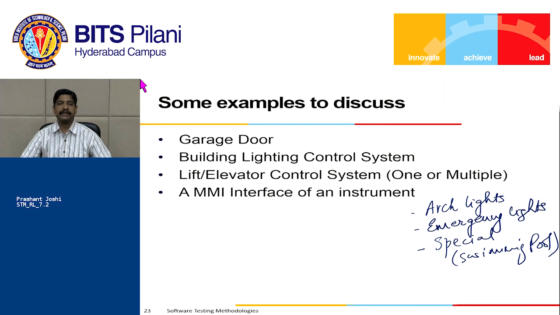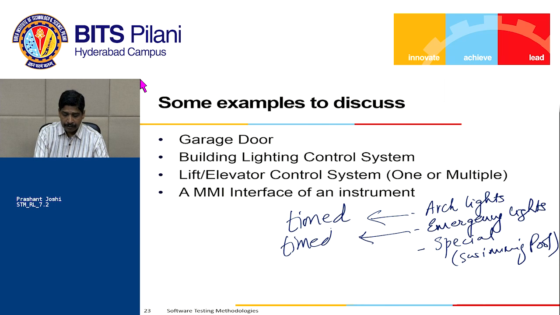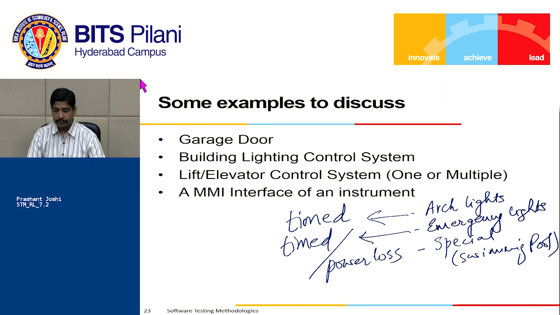Architecture lights are those lights which may be timed depending on the time of the day. Emergency lights again would be timed, as well as when there is a power loss. Special lights such as swimming pool lights would again be timed. Then corridor lights.